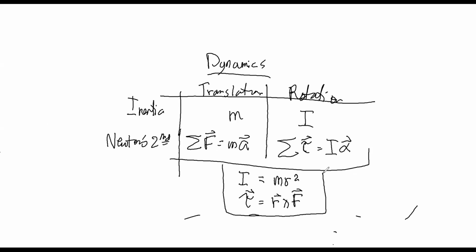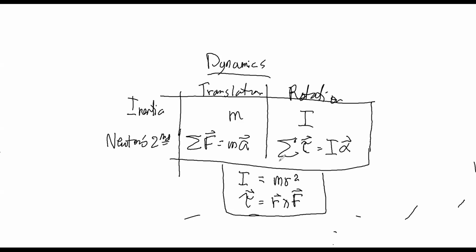So we want to really use this Newton's second law. That will be the most important first equation that we'll be using here: sum of the torques equals I alpha.